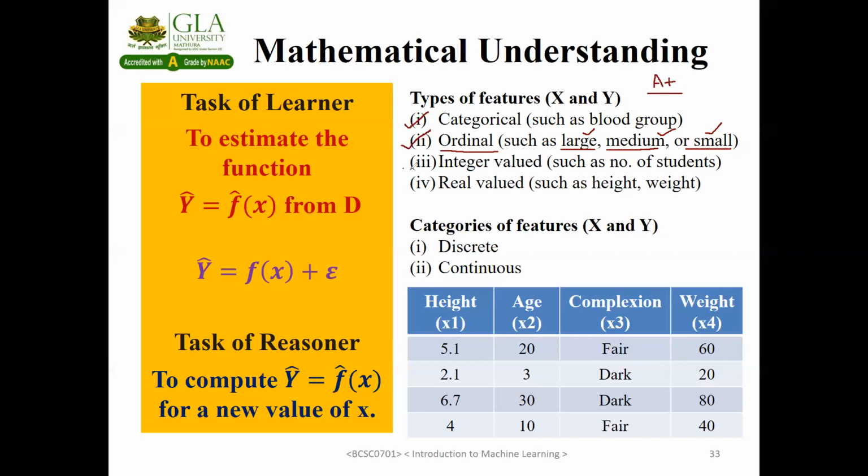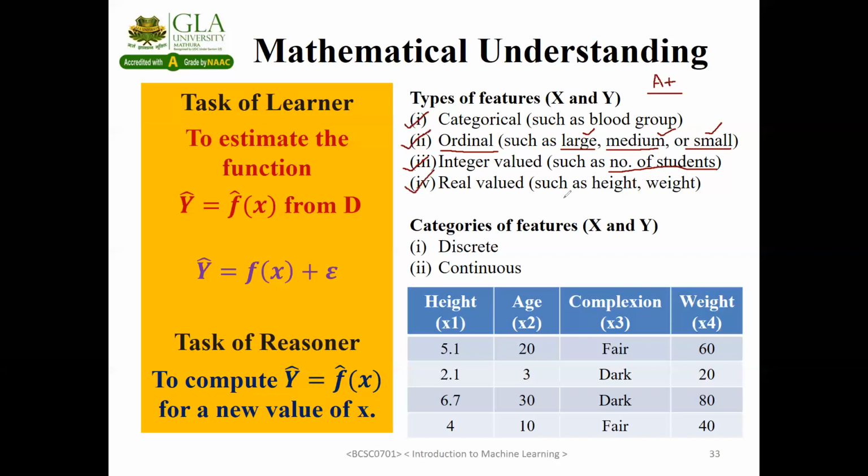Similarly, the third category is integer valued features. So the features whose values can be represented in the form of integers, the values which can be represented using frequency, like the number of students in a class, which could be represented by an integer. Therefore, that is the integer valued feature, right? Similarly, there is a real valued feature.